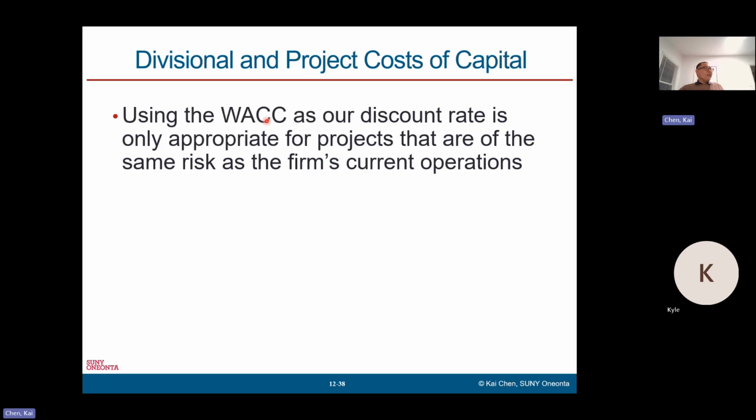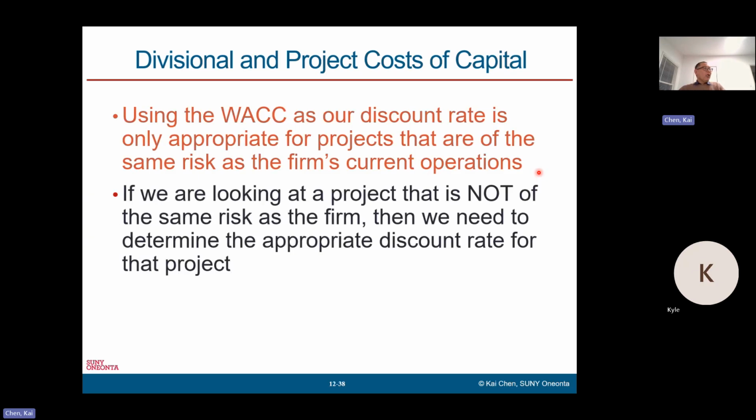However, using WACC as our discount rate is only appropriate for projects that are of the same risk as the firm's current operations. Okay, so that is very important, right? If we are looking at a project that is not of the same risk as the firm, then we need to determine the appropriate discount rate for that project.